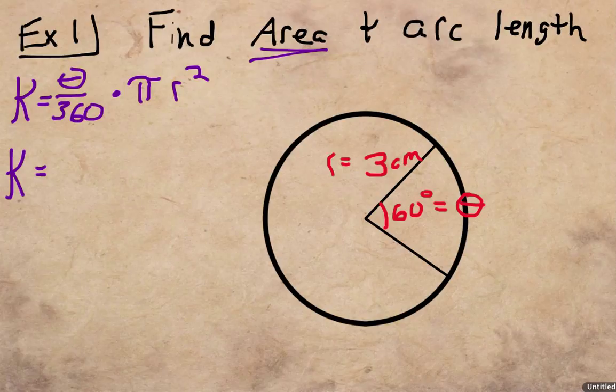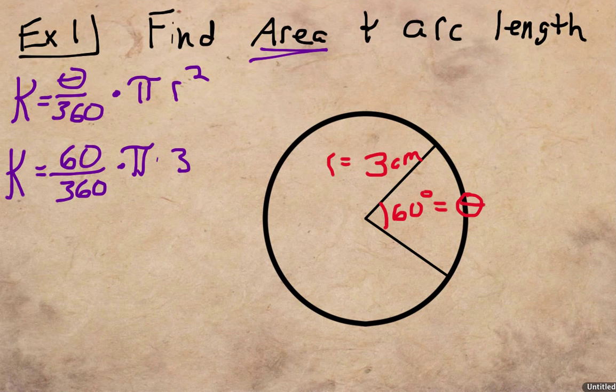We're dealing with a section. So they just came up with K. I don't know the real rhyme or reason. So I'm going to plug in 60 over 360 times pi times radius squared, which is 3.